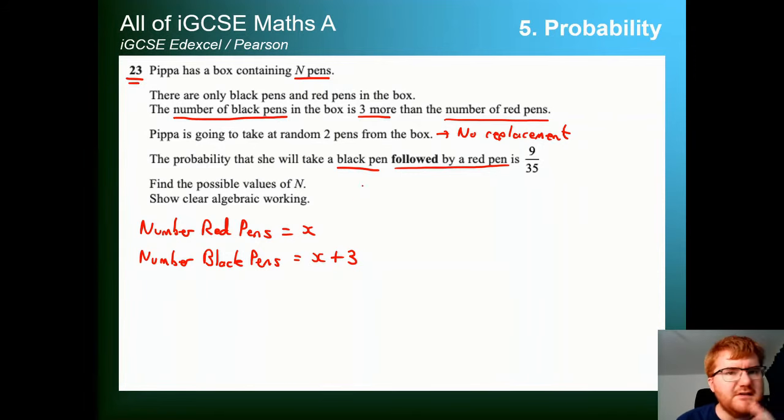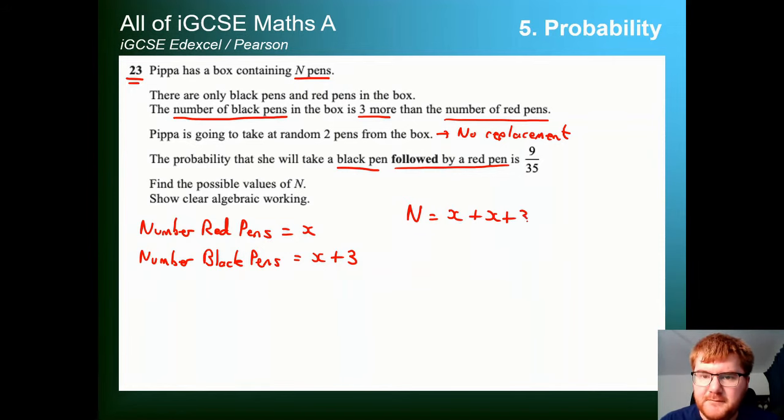So we then also know, because the box contains n pens and only black and red, that the total number of pens is equal to x plus 3, the number of red and black together. And that gives us the number of pens in total is equal to 2x plus 3.